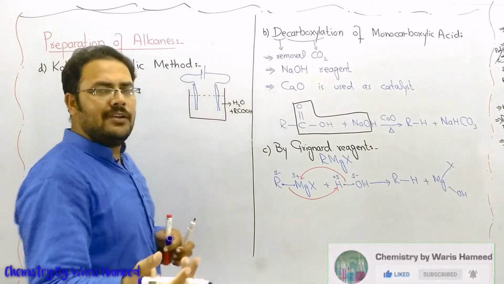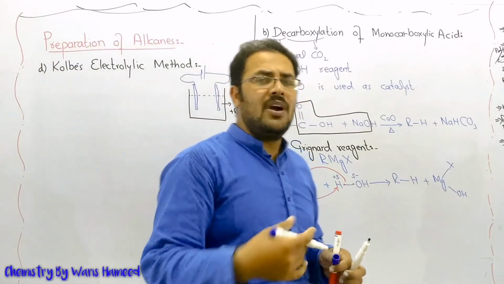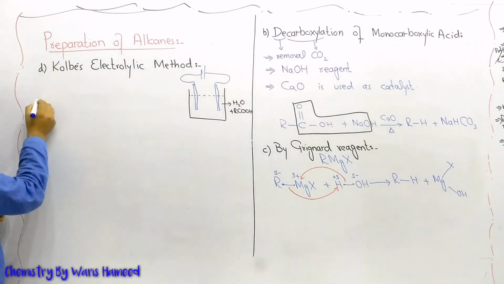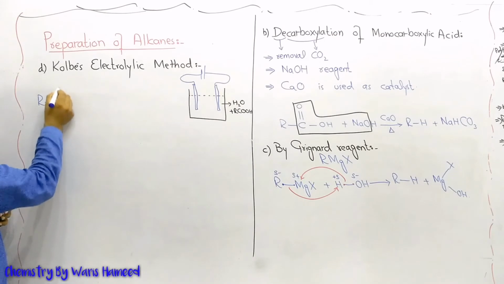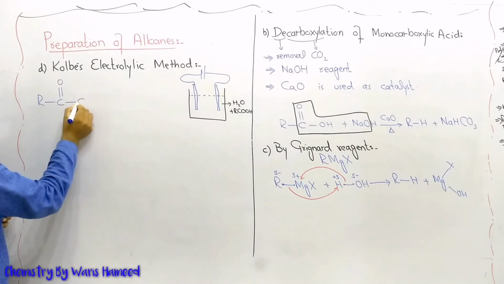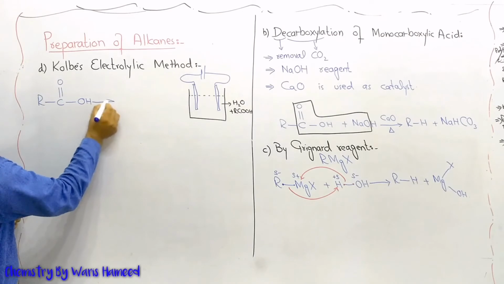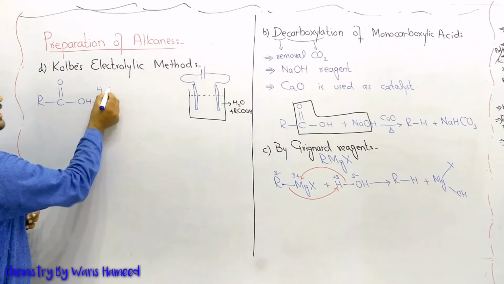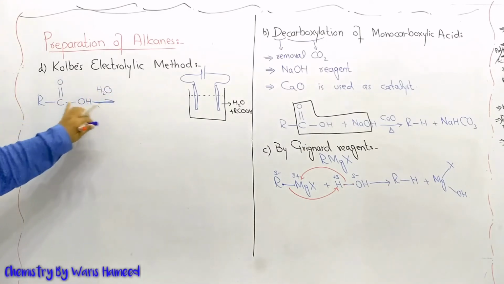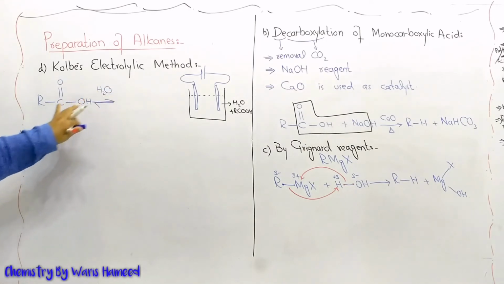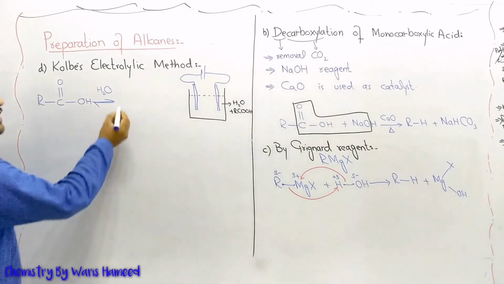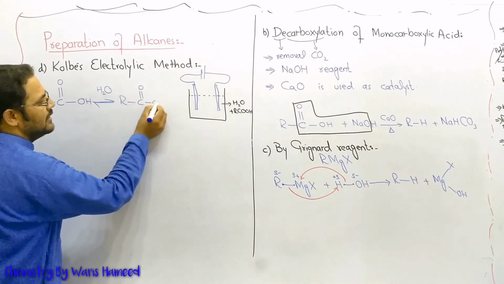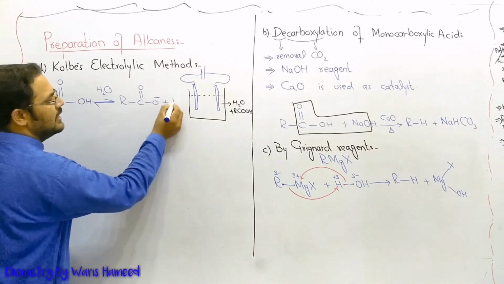First becomes anode and second becomes cathode. What happens in that mixture? If we have a monocarboxylic acid, R carbon double bond oxygen, OH, and this reaction is occurring in water solvent, when we add carboxylic acid to water, it ionizes and forms 2 types of ions. First is R carbon double bond oxygen, oxygen negative, and second ion is H positive.